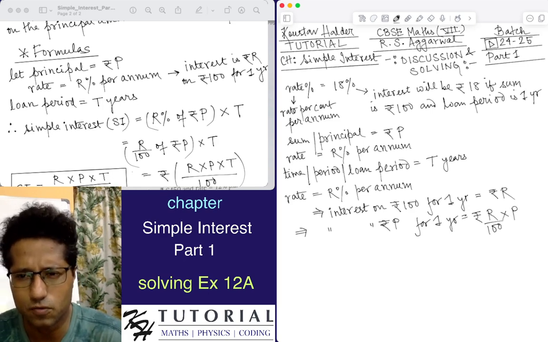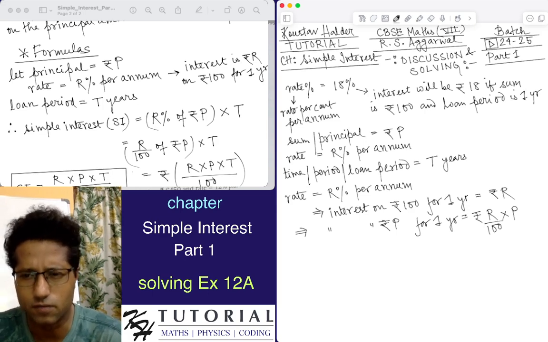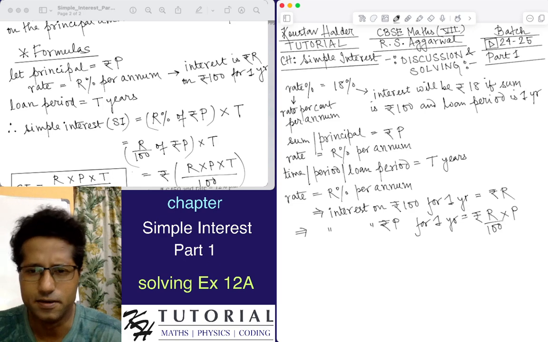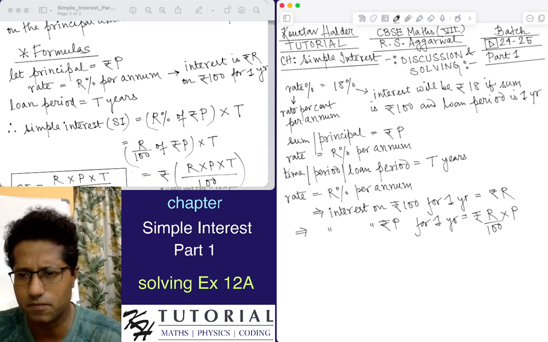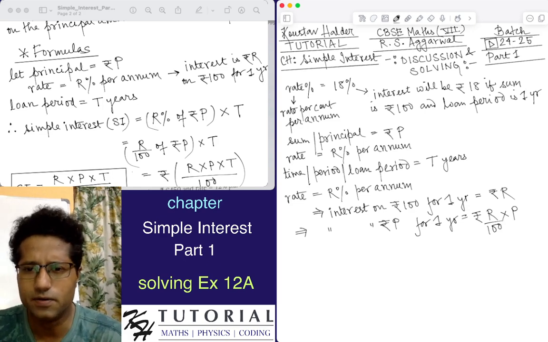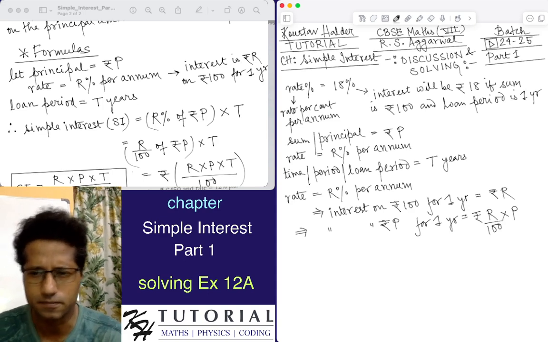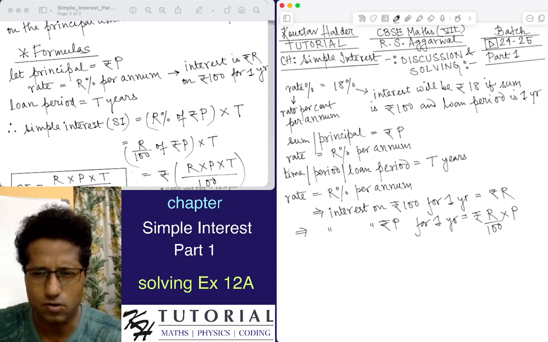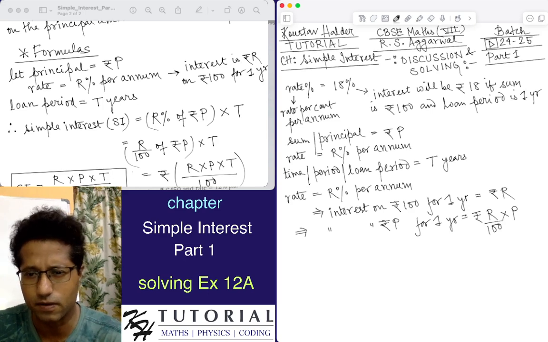The interest on rupees 100 for 1 year is rupees R. So interest on rupees 1 for 1 year will be R by 100, and interest on rupees P for 1 year will be rupees R by 100 into P. This is the simple concept of the unitary method. So we know that the interest on rupees P for 1 year is R by 100 into P, but we have to find the simple interest for T years.